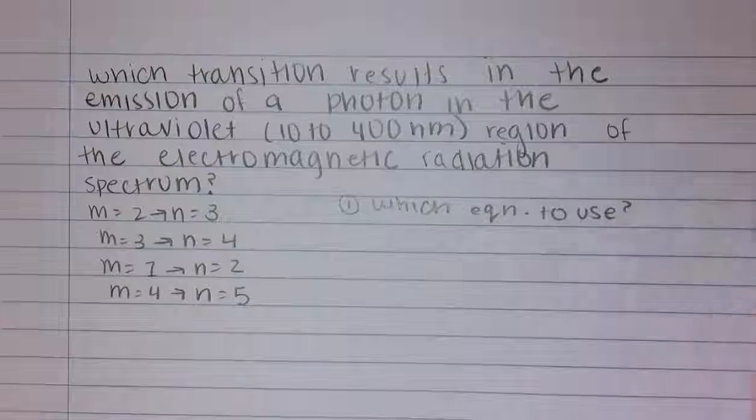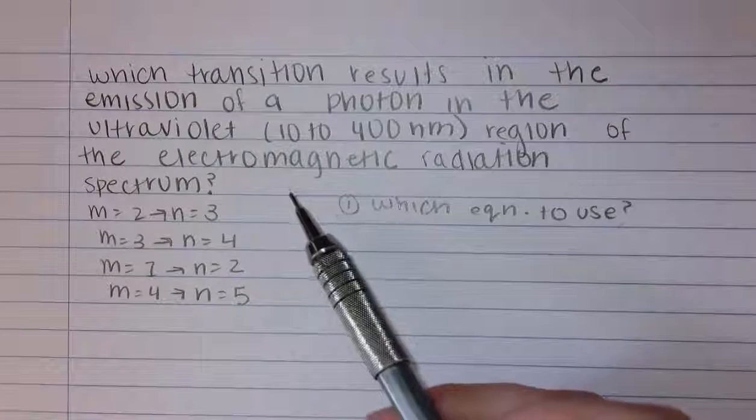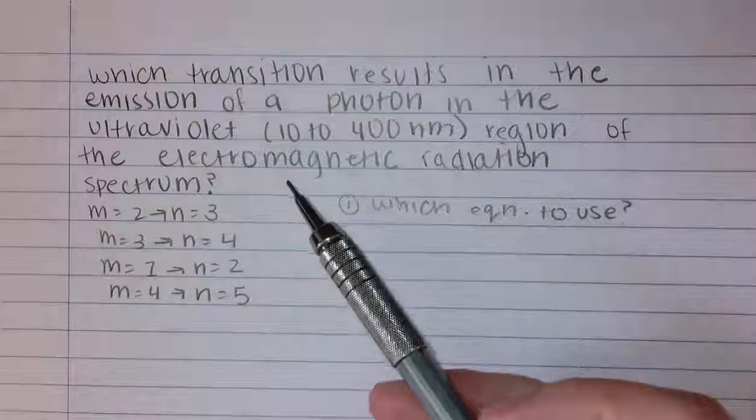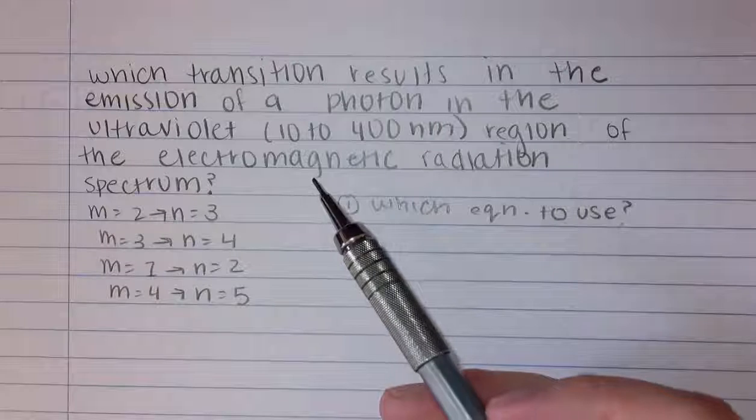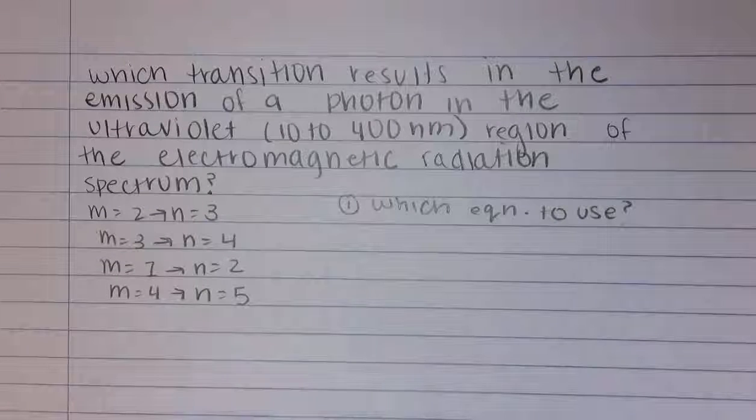And you can notice that we're talking about transitions between energy levels, which is essentially what the Balmer-Rydberg equation is for. And if you can't see that from the problem statement, what you can also do is just list all the variables that you have to be working with.